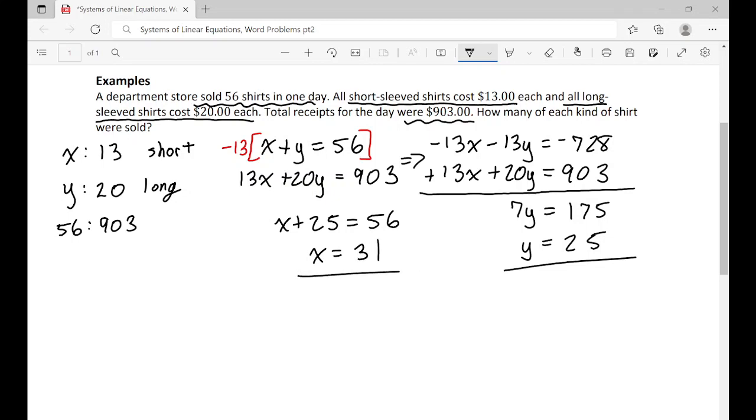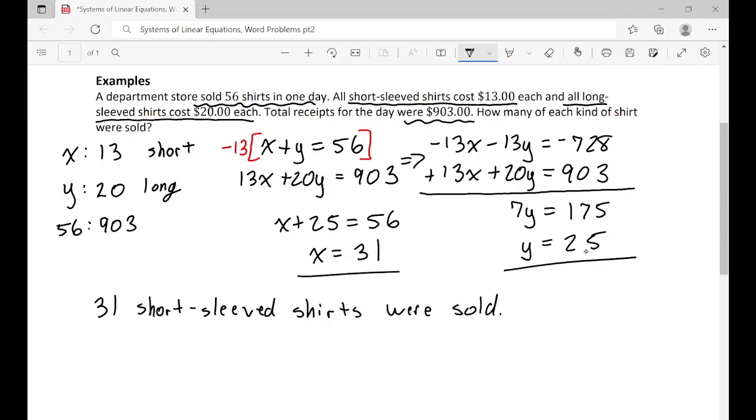So now that I have my numbers, I can answer the question, how many of each kind of shirt were sold? So X is 31, and X is the short sleeve shirts. So I can say that 31 short sleeved shirts were sold.